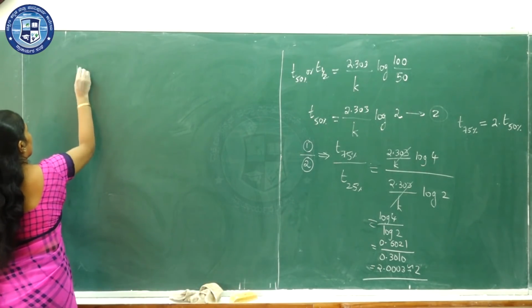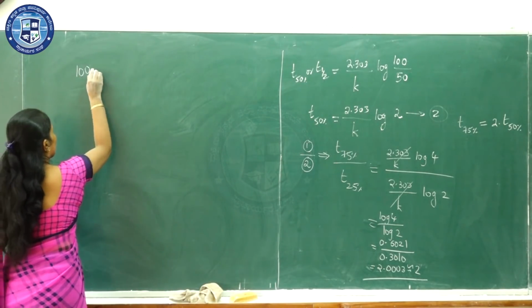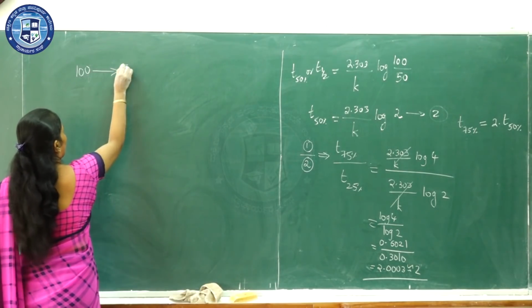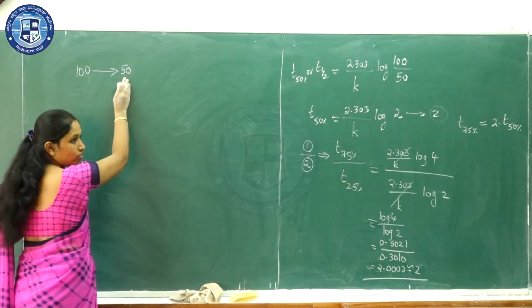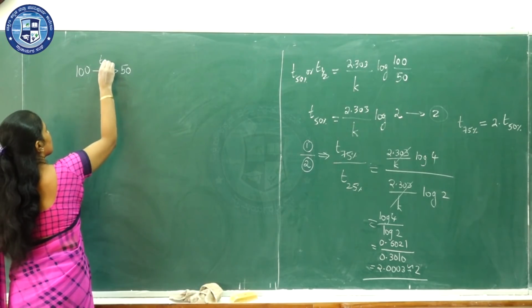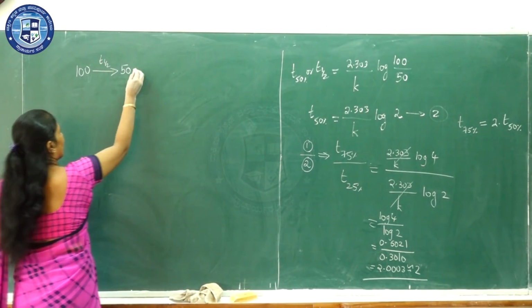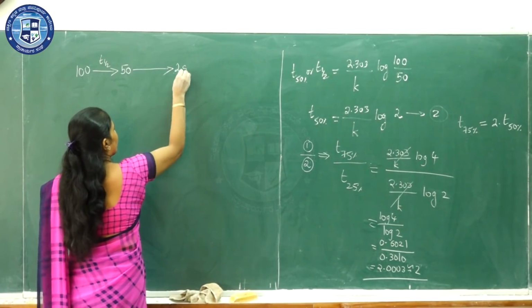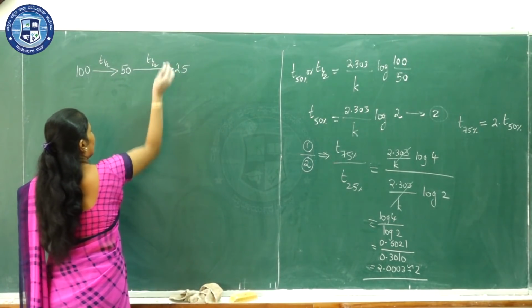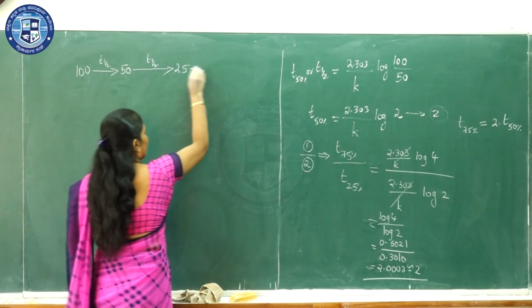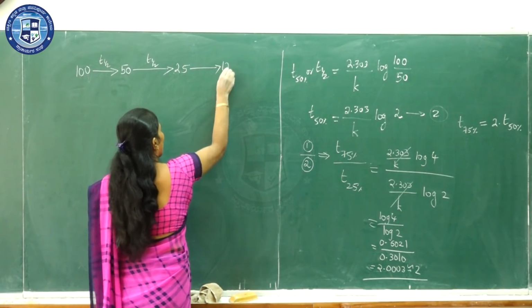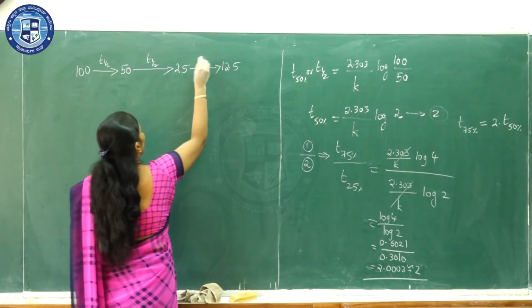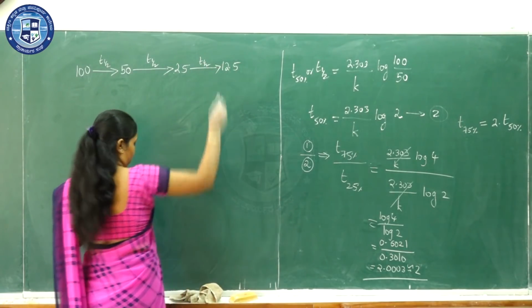See here, we will start with initial 100. For it to get reduced to 50, time required is T half. Again for it to get reduced to 25, what is the time required? It is again T half. Again for it to get reduced to half of it, that is 12.5, time required is T half.